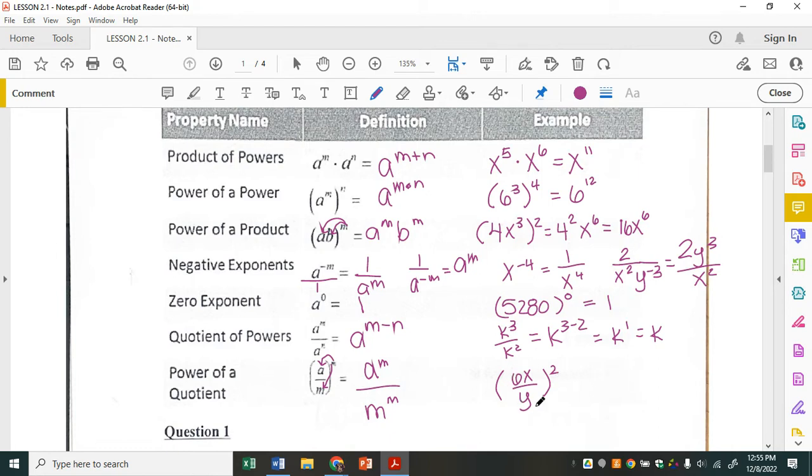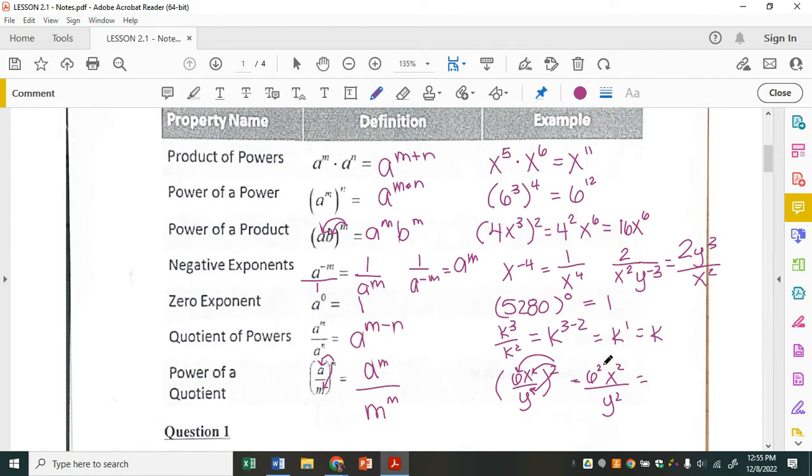Okay, so in this example here, I have 6x over y all squared. This exponent is given to every term in the numerator, so both the 6 and the x receive that exponent of 2. And it's given to every term in the denominator, so I get y squared on the bottom.